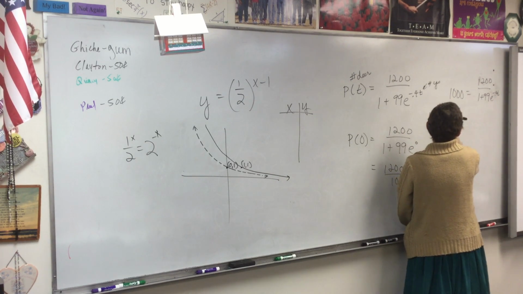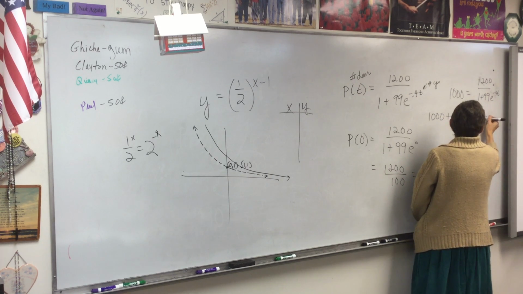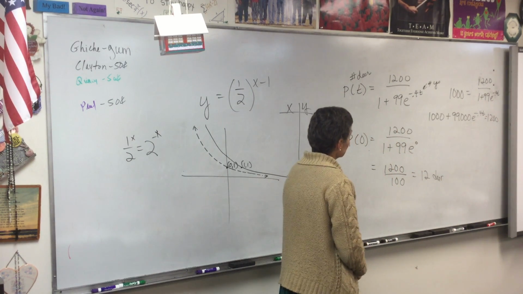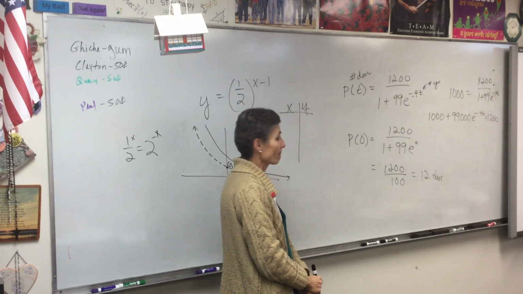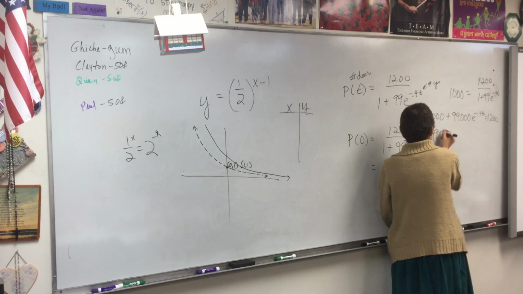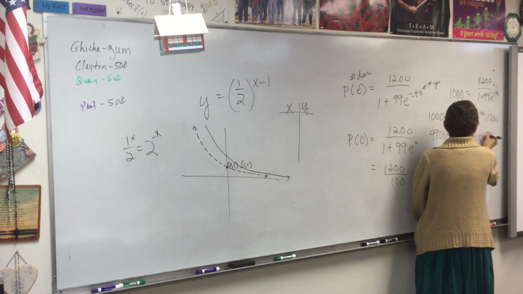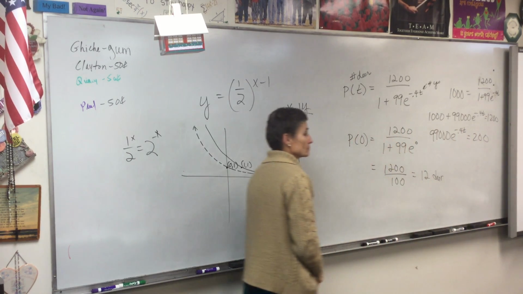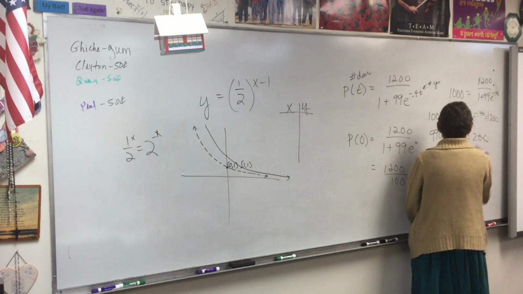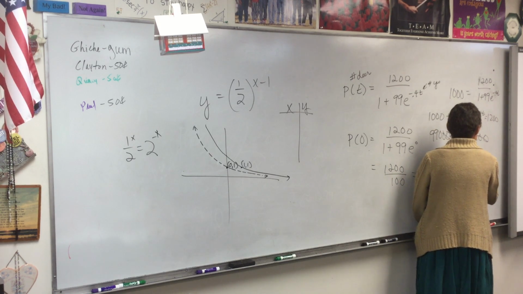So I have 1,000 plus 99,000 e to the negative 0.4 t equals 1,200. Now what? Subtract 1,000. So 99,000 e to the negative 0.4 t equals 200. Divide by 99,000. So e to the negative 0.4 t is 2 over 990.